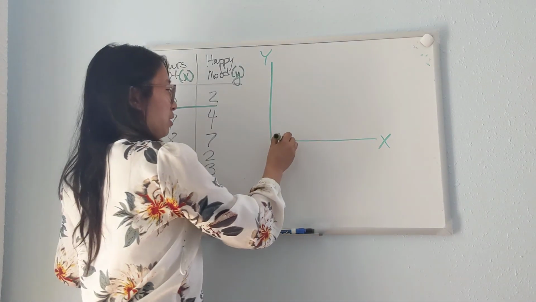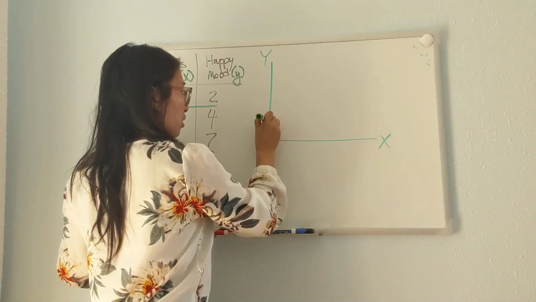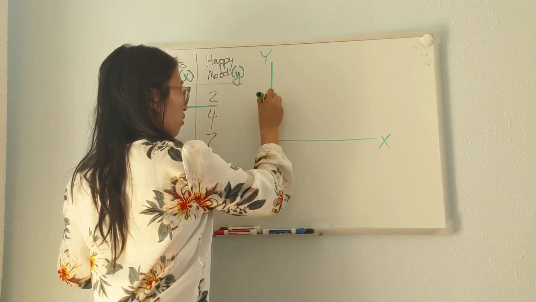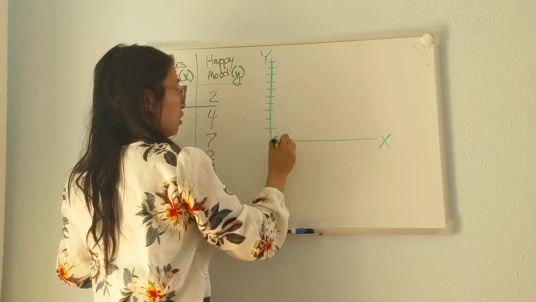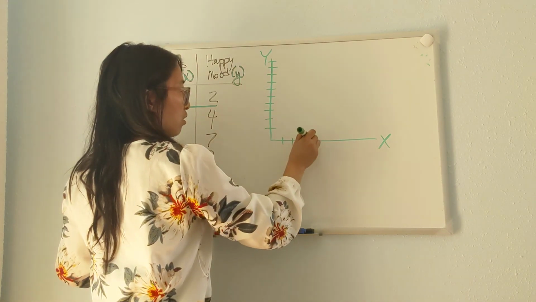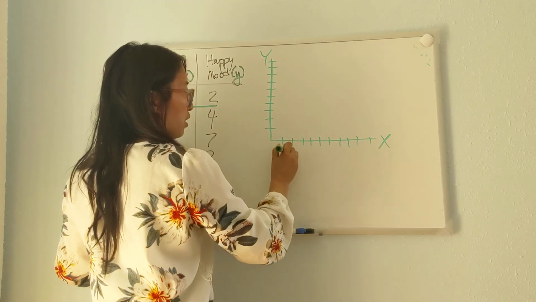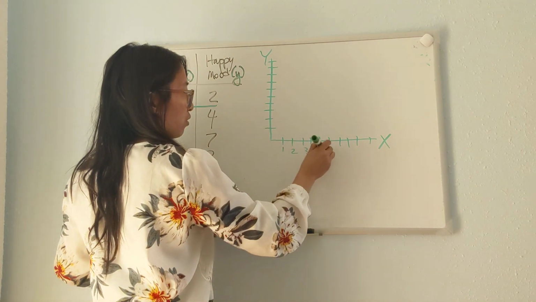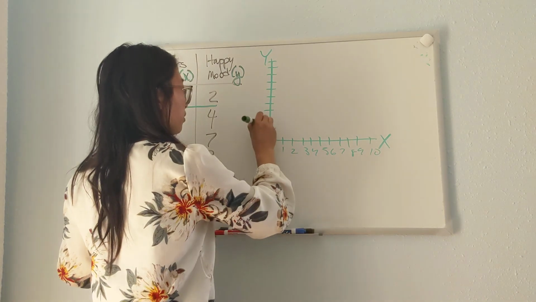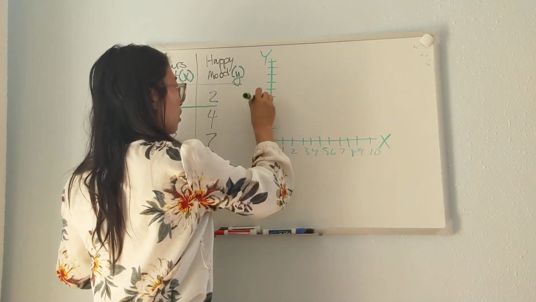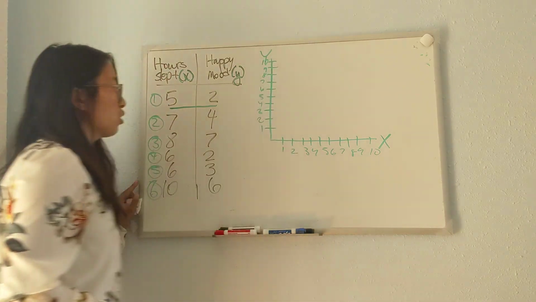So let me put this out. I'm going to do 1, 2, 3, 4, 5, 8, 9, 10. So this is my grid. Okay.